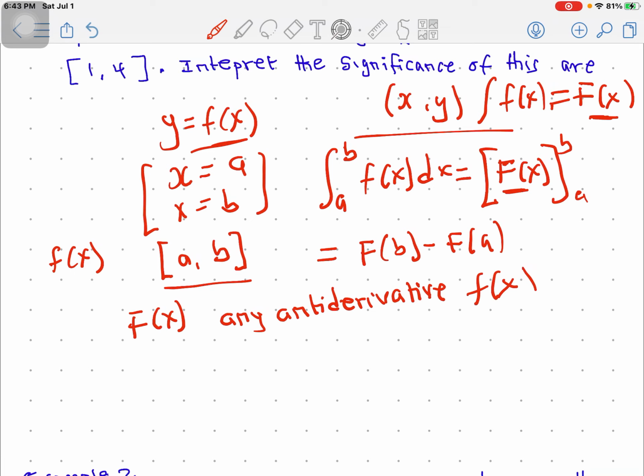So basically it's the substitution of the upper limit into the function minus the substitution of the lower limit into the function.